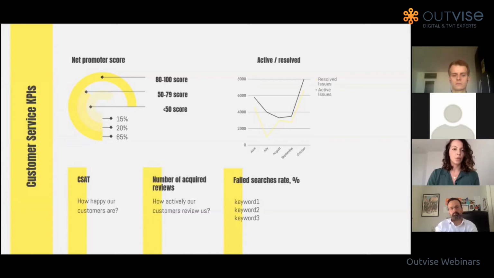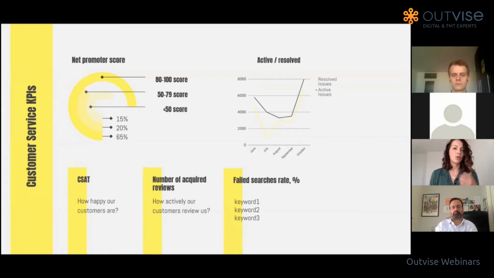What else do we have here? So on the right side, you see active and resolved issues. It's important to track this on the website, and you can also not only use the classical digital analytics like Google Analytics, Adobe Analytics. You can also use other systems to gather this data about your customers.